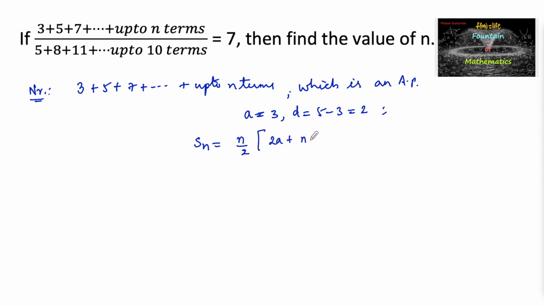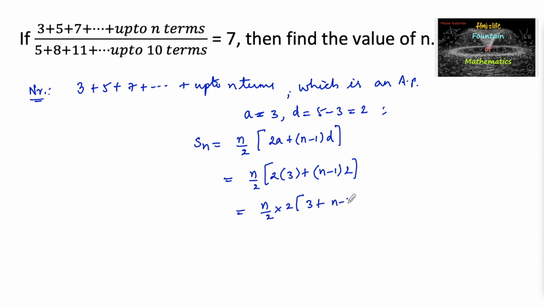n upon 2 into 2a plus n minus 1 into d, that is n upon 2 into 2 times 3 plus n minus 1 into d, whose value is 2. So which is equal to n upon 2 into 2, taking 2 common, 3 plus n minus 1.